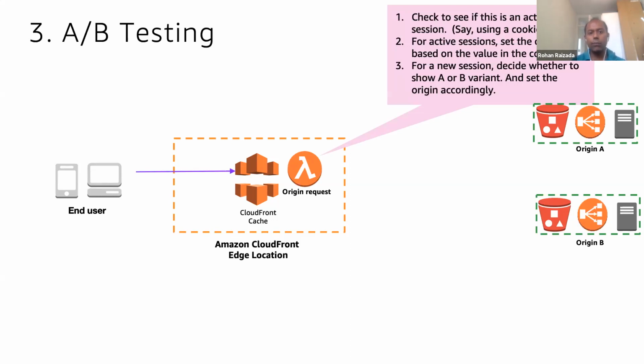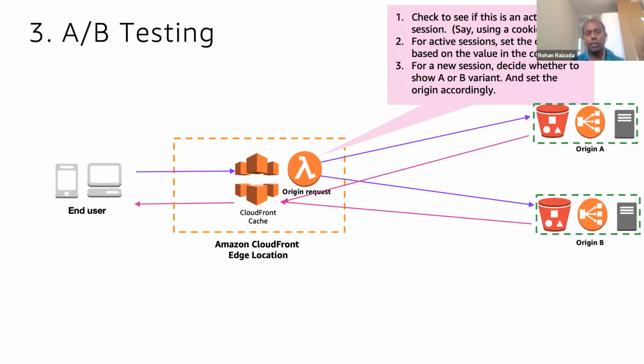If it's already an active session, you can set the origin based on the value of the cookie. Whenever there is a new session, you can decide whether you want to serve the A variant or the B variant, and then set the origin accordingly. So you don't send all of your end viewers to just origin B, where you are testing the new functionality, but maybe let's just say 5% of the requests will end up going to origin B based on the cookie that you set.